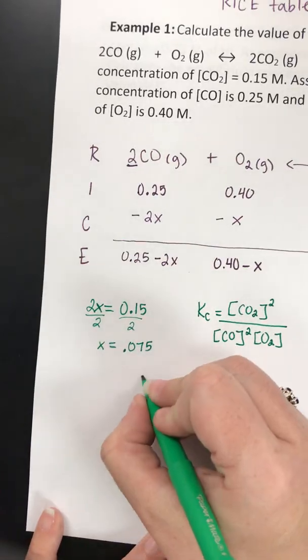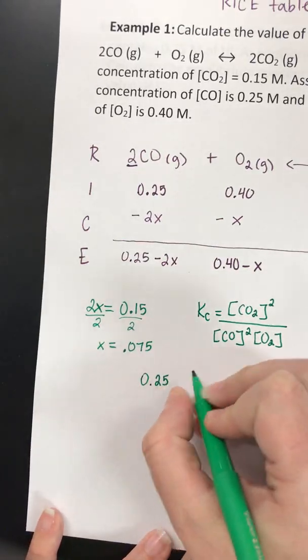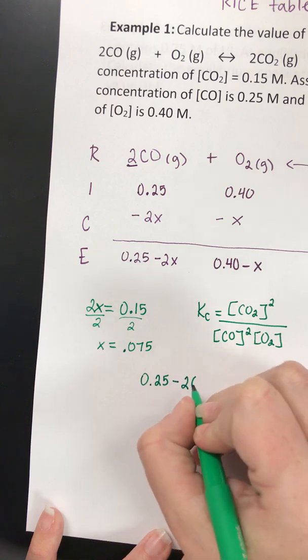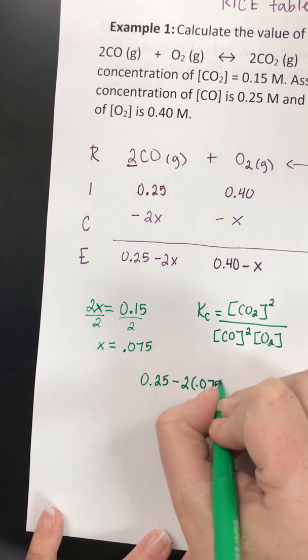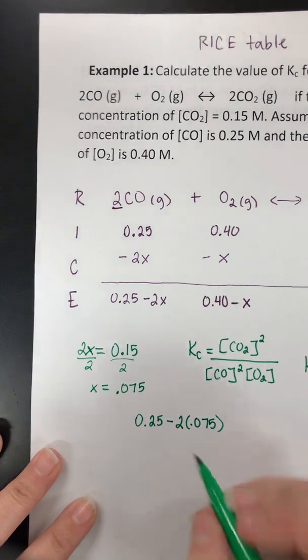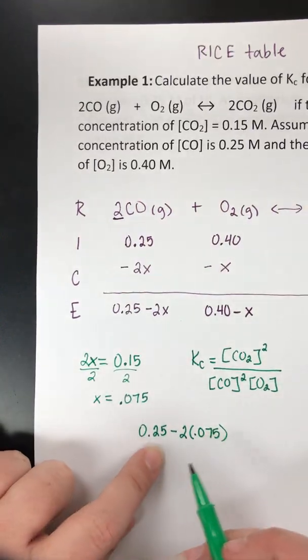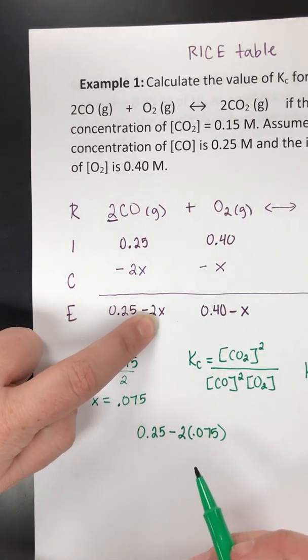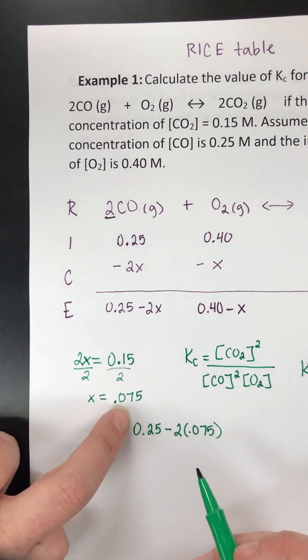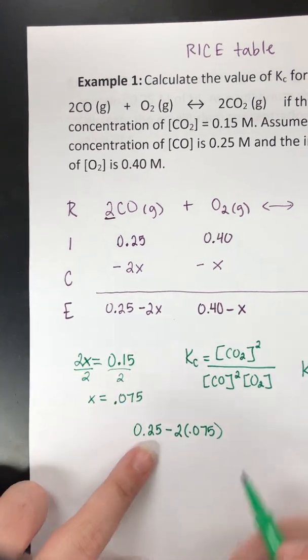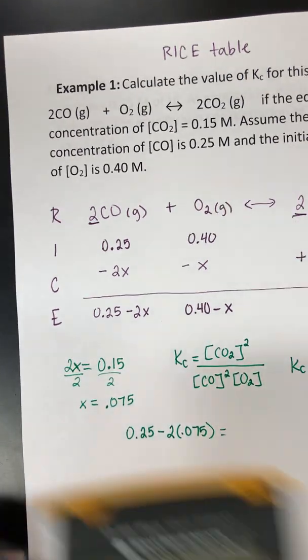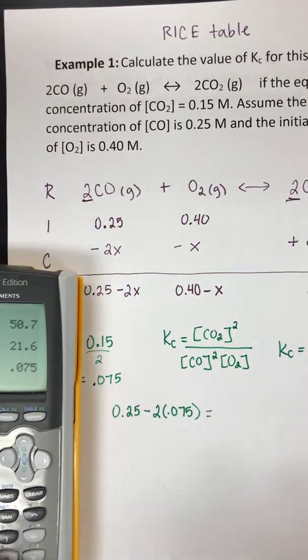So I'm going to do 0.25 minus 2 times 0.075. So let me back this up. This is 0.25 minus 2 times x, and x equals 0.075. So that's where that came from. So I'm going to use my calculator to get some answers. So 0.25 minus 2 times 0.075.